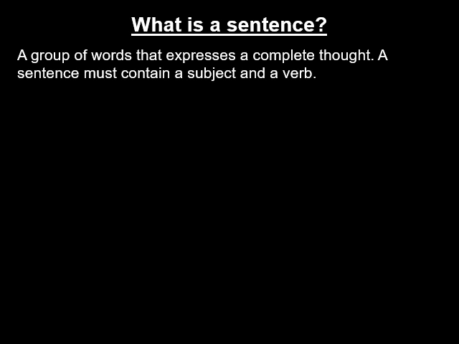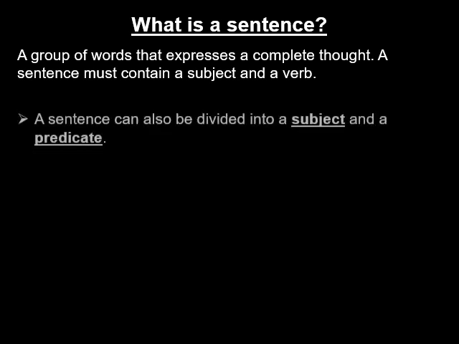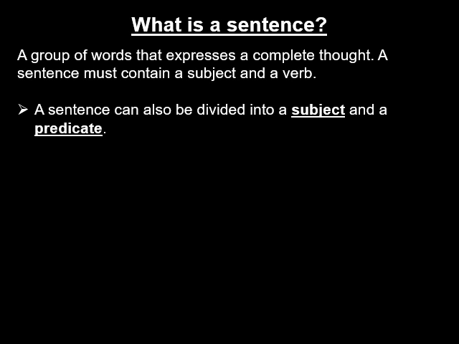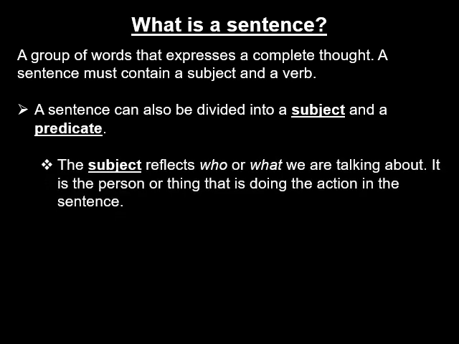So, what is a sentence? A sentence is a group of words that expresses a complete thought, and it must contain a subject and a verb. A sentence can then also be divided into a subject and a predicate, and the verb will be in the predicate, as well as any other information in the sentence.